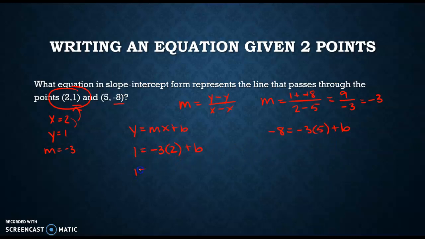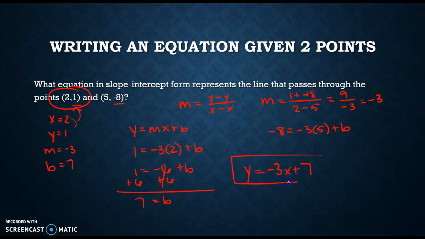And so here we have 1 equals -6 plus b, and then I'm solving for b, so I'm going to add 6 to both sides. So 1 plus 6 is 7. If I did this one, I'm going to come up with b is 7 as well. From here, I take my m and the fact that b is 7, and I now write y equals -3x plus 7. And so that is the equation of our line.